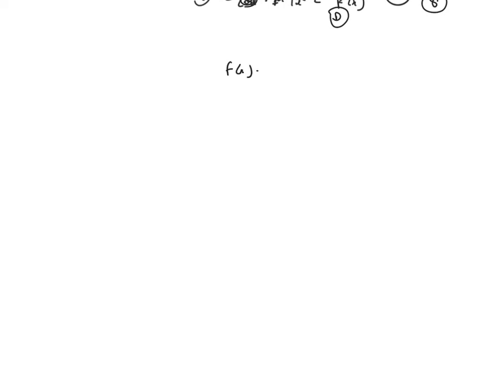f of x equals kx cubed plus 5x minus 1. f dash 1 is equal to 14, and the question says to find k. Let's differentiate first of all, and I'll get 3kx squared plus 5.